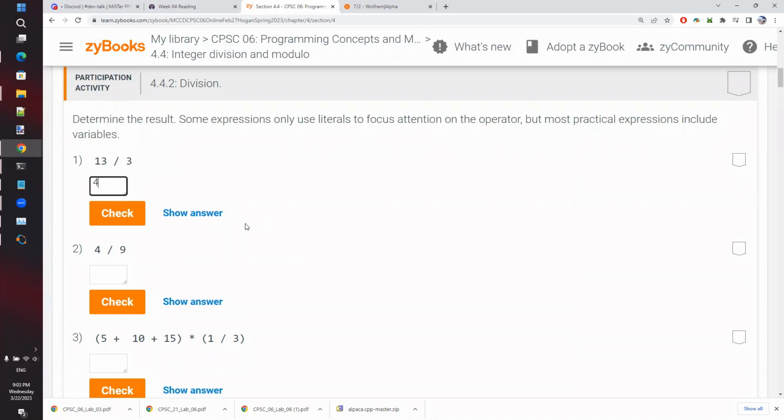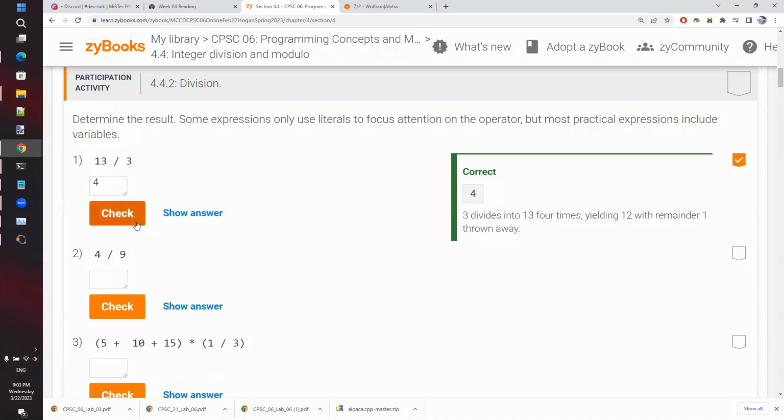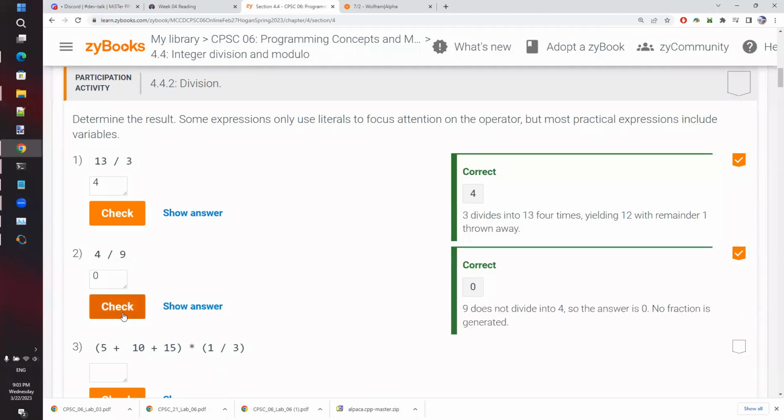So 13 over 3 is just 4. Now, if you do 4 over 9, you get 4 ninths, which is 0.4444. It keeps going. But because we're doing integer arithmetic, everything after the decimal point, delete it. So what do you get? 0. So 4 divided by 9 is 0 in Java.